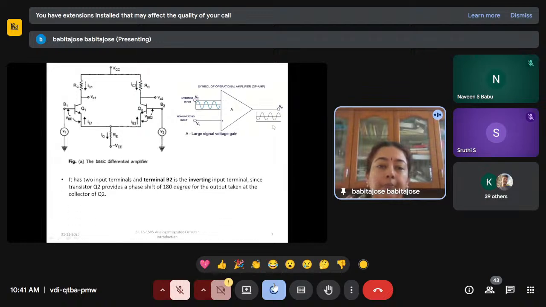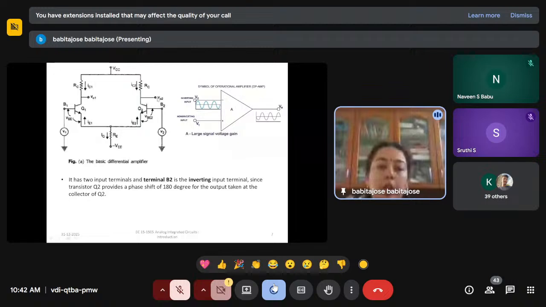So here, which is the inverting and non-inverting input? Here you have B1 and B2. B means it is the base of the transistors Q1 and Q2. So how do you know which is the inverting input and which is the non-inverting input? You can see the output. See, the output is a balanced output.